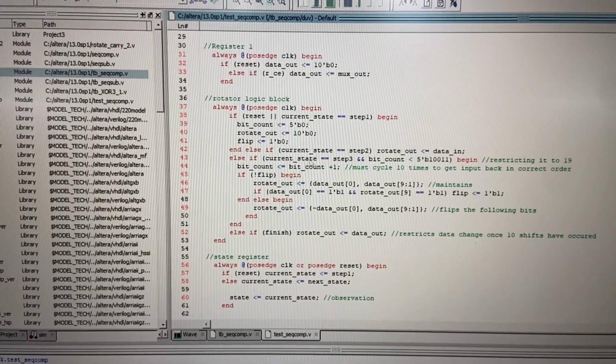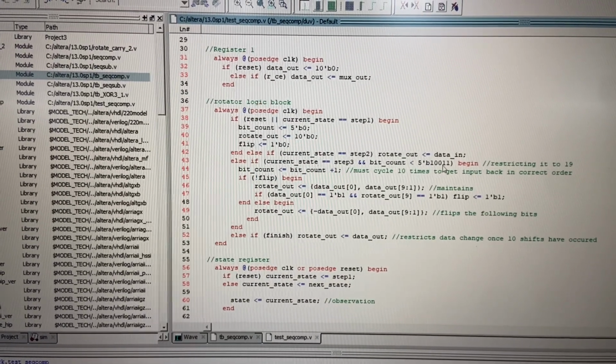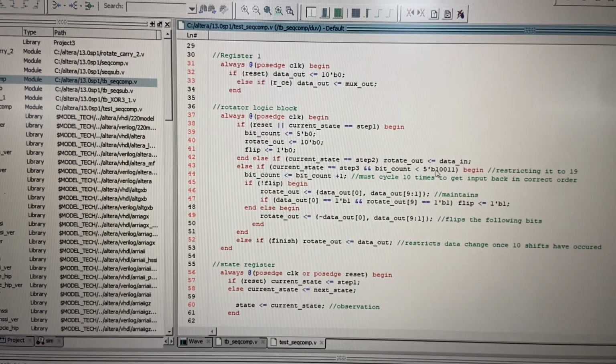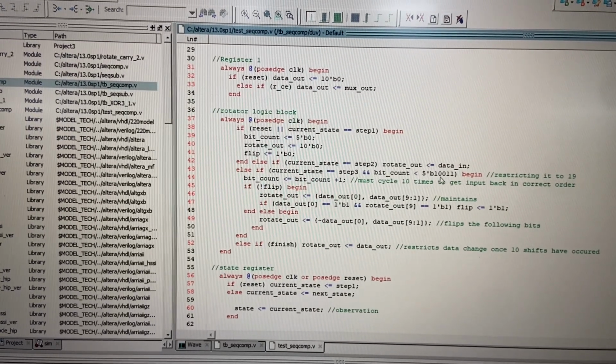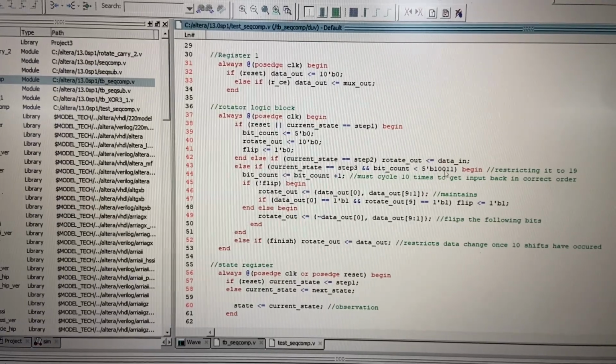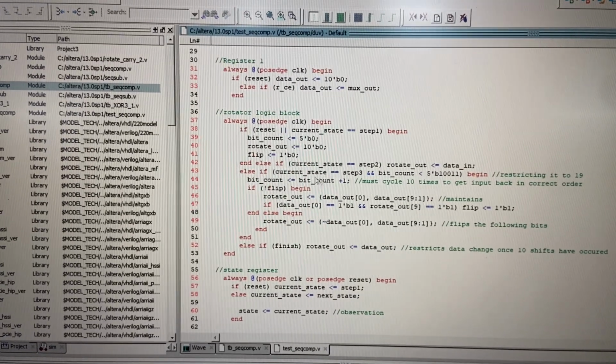And then if the current state is 3 and the bit count is less than the final amount of cycles that it should take to achieve this, then it'll say the bit count is this, add 1.